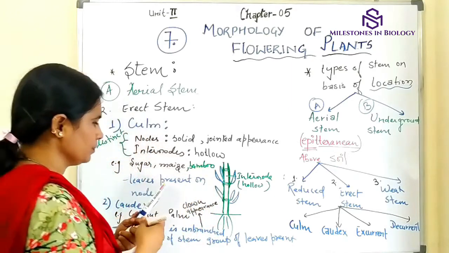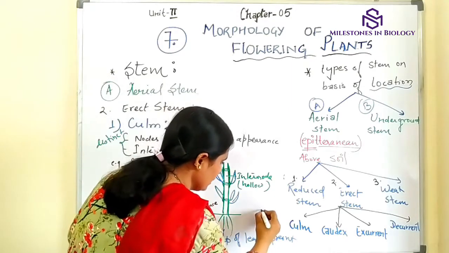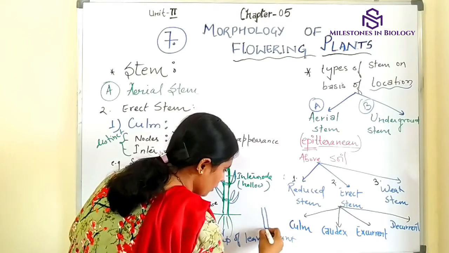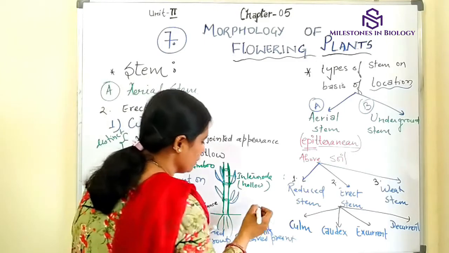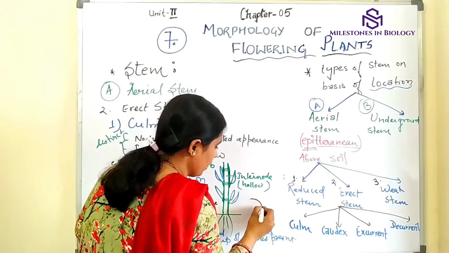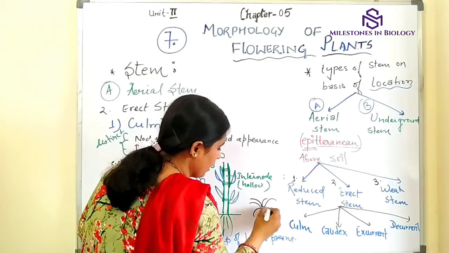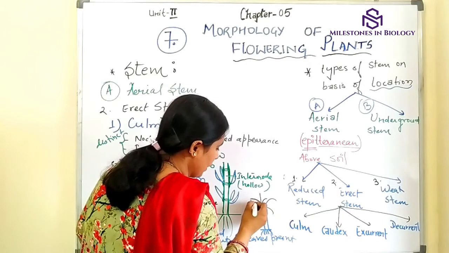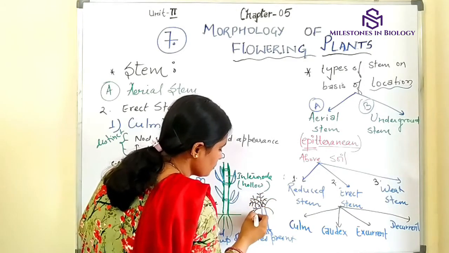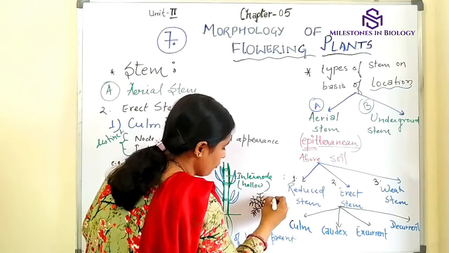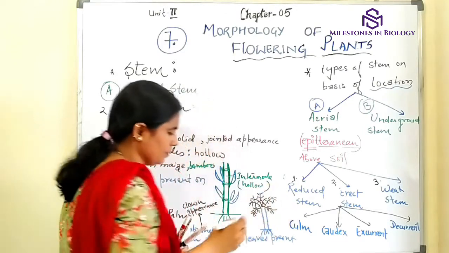How does it look? If this is the stem, you will find leaves coming at the apex. So this gives an appearance of a crown to this tree.